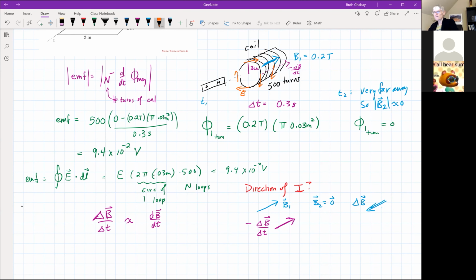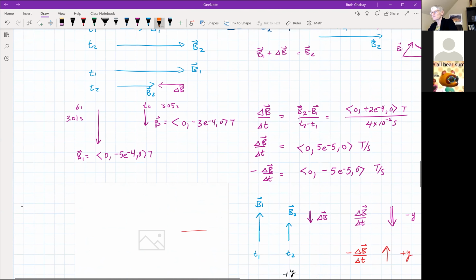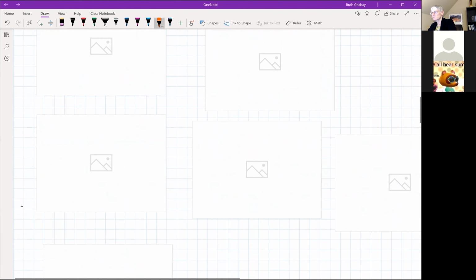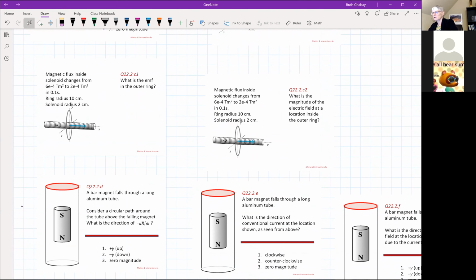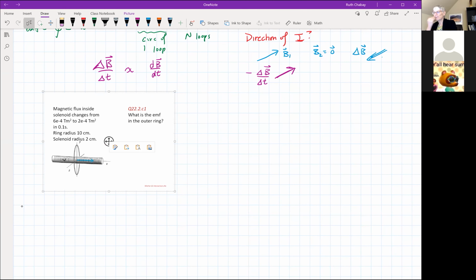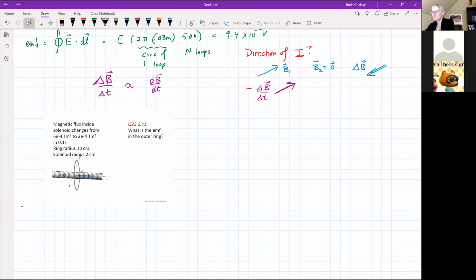Okay, let's look at one other question just because it makes an interesting point here. So here we have a solenoid in which the magnetic flux inside the solenoid changes.